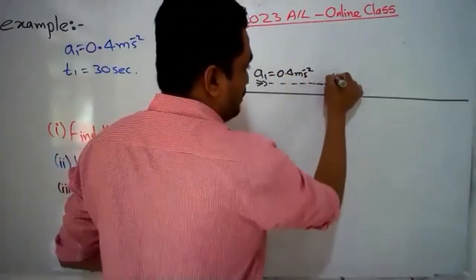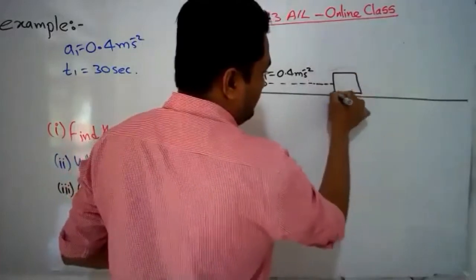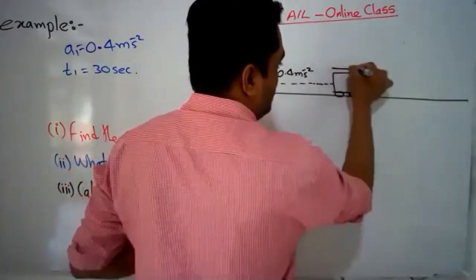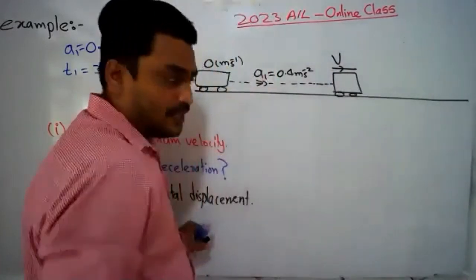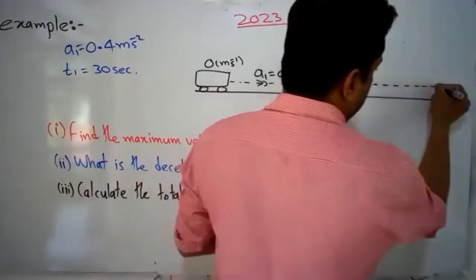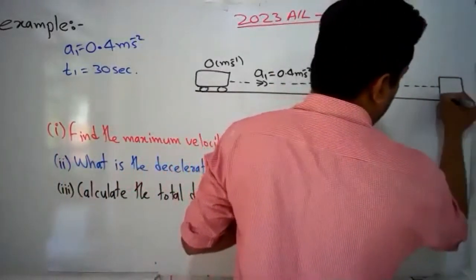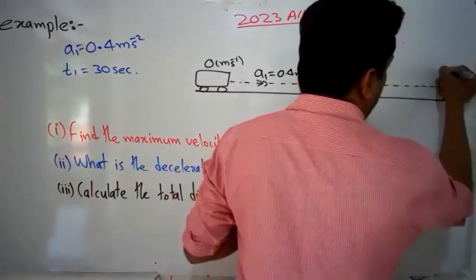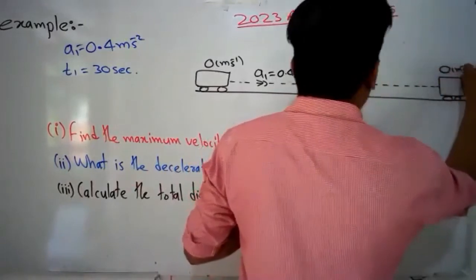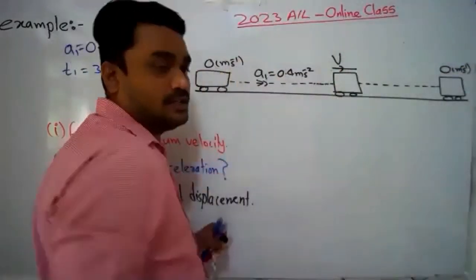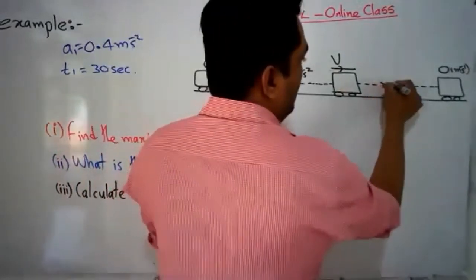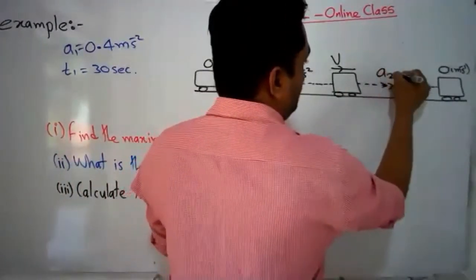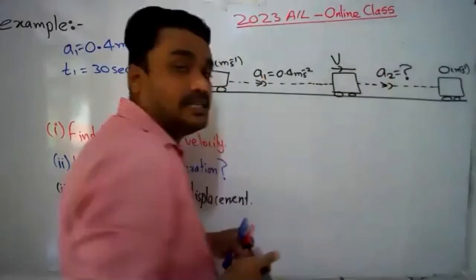It accelerates for a certain period, then it reaches a certain velocity v. After that, it decelerates and finally it comes to rest. The final velocity is 0. The deceleration is not given, so we have to find it.